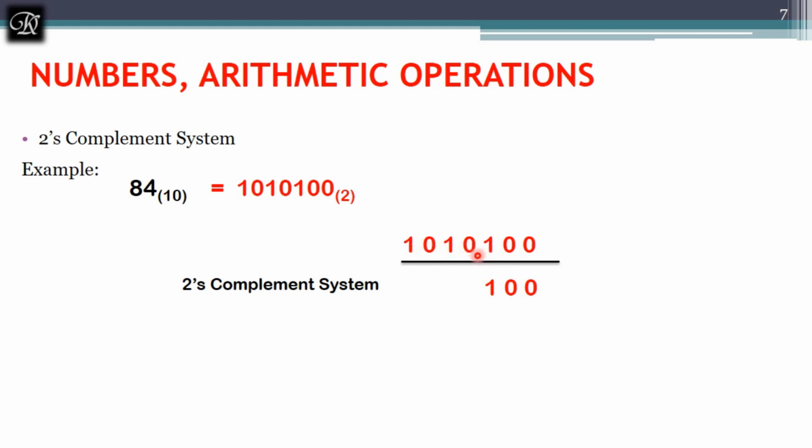What I have to do is find the ones complement of these. It means 0 will become 1, 1 will become 0, 0 will become 1, and 1 will become 0. This is the twos complement of 84, that is 1 0 1 0 1 0 0. If you want, you can verify by finding the ones complement and adding 1. The result will be the same.